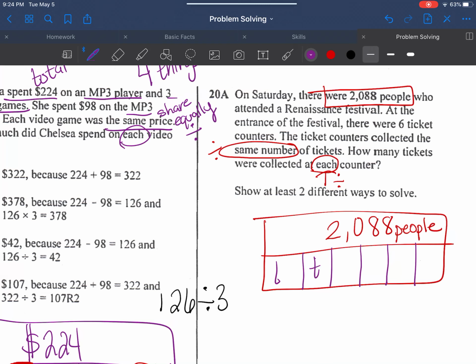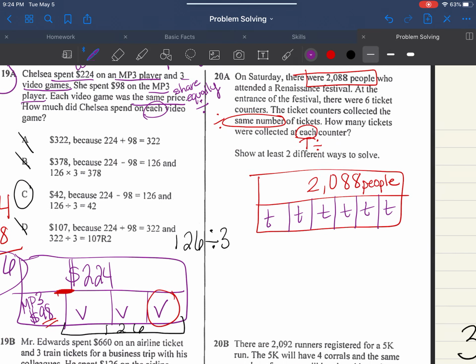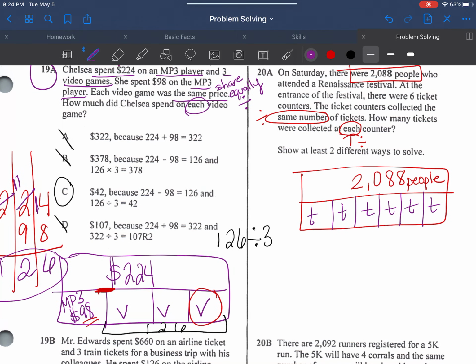So I'm going to go ahead and do 6 parts. And remember, all of those are going to have the same number of tickets. So they're all the same. So how do we find how much was for each one? We would say 2,088 divided by 6.